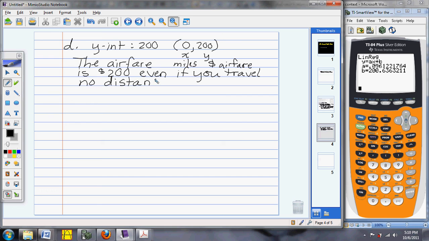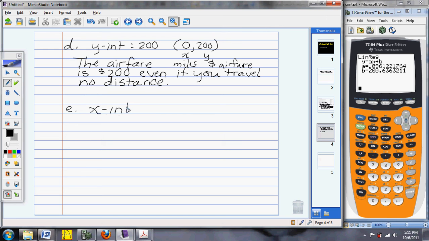Now, is that realistic for the problem? No. And you wouldn't even want to pick numbers close to 0, like 5 or 10, because obviously you're not going to be flying in an airplane 5 or 10 miles. But that's what the equation says. So sometimes the equation makes sense, and sometimes the equation doesn't really make sense in the context of the problem.